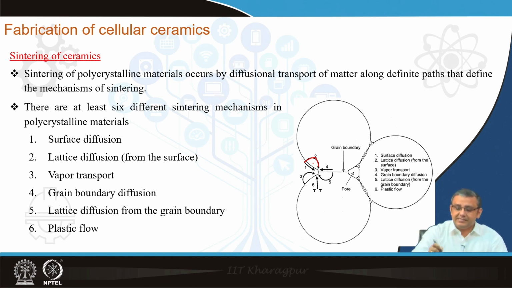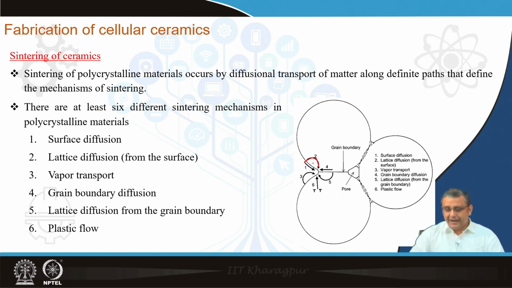That means process number 2 was lattice diffusion from the surface, and process number 5 is lattice diffusion from the grain boundary, and there is also one mechanism called plastic flow. These mechanisms in many cases occur in unison. That means, not only one mechanism is operative at any particular temperature or pressure, more than one mechanism can operate together.